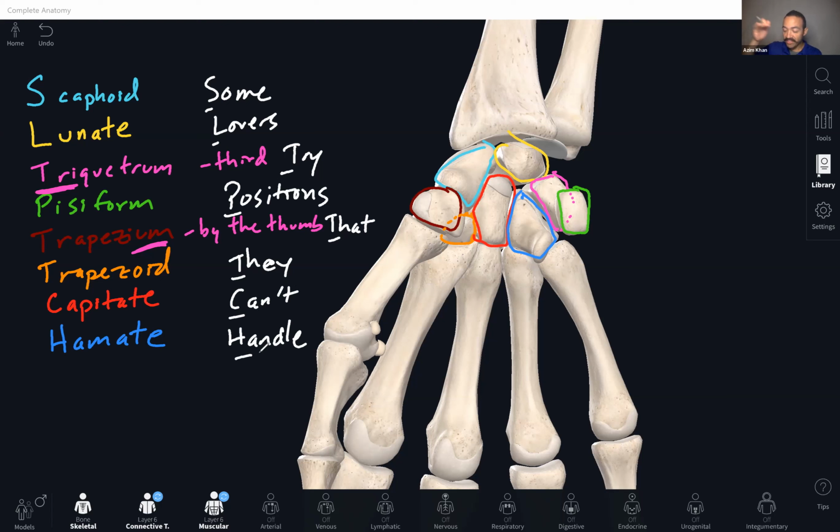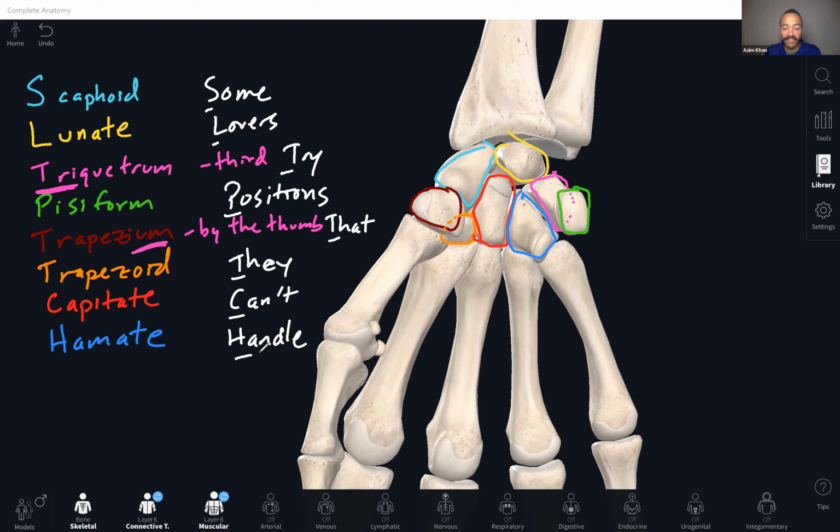As long as it has an SLTPTTCH, then it can make sense. I still have to do this sometimes because I forget the order. It's just an easy way to remember it since they're all so small.